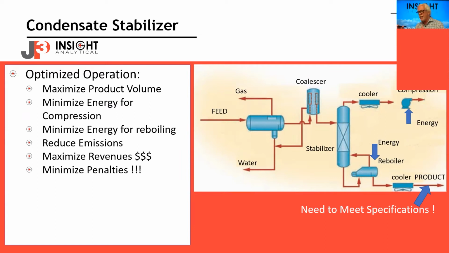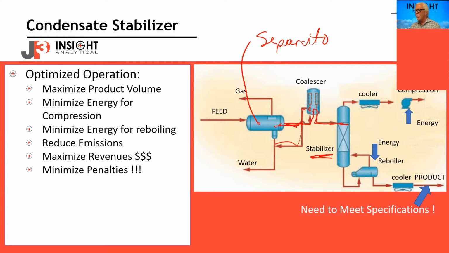If we optimize the operation on the condensate stabilizer side of things, here, again, we've got that inlet separator part, right? We're going to take that hydrocarbon liquids that's coming off of that inlet separator, knock out any water and feed that over to the water side, and then move it over to the stabilizer.